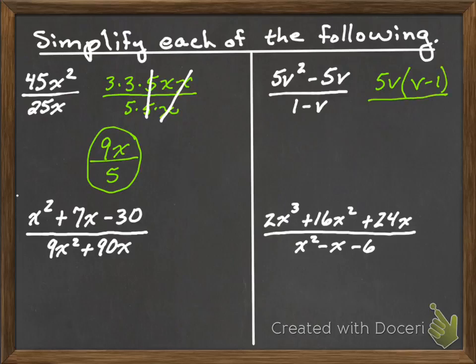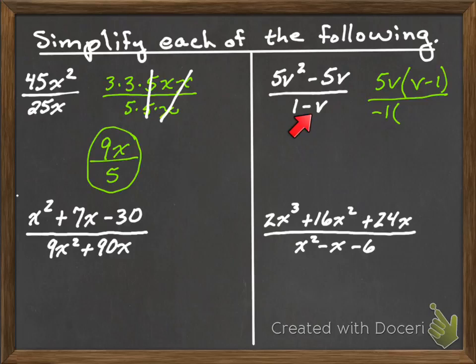Now, if we notice in our denominator, we have 1 minus v. Well, 1 minus v here and a v minus 1, those are exact opposites of each other. If they're exact opposites of each other, I can factor out a negative 1, and then they're going to be exactly the same.